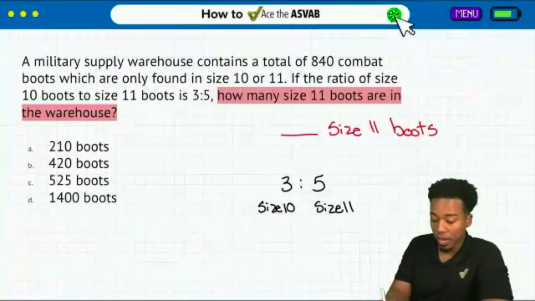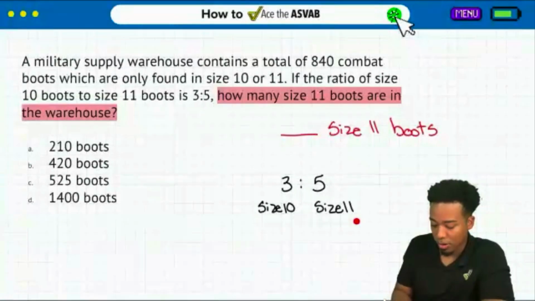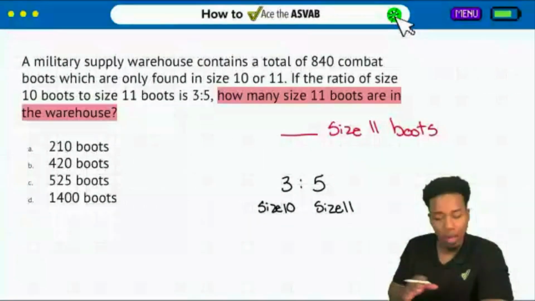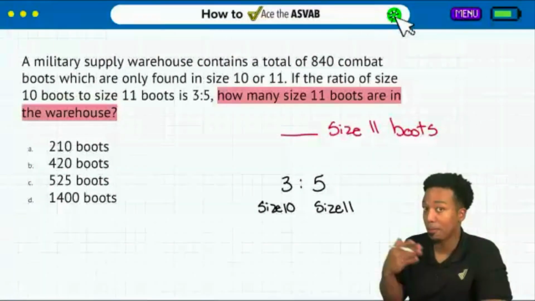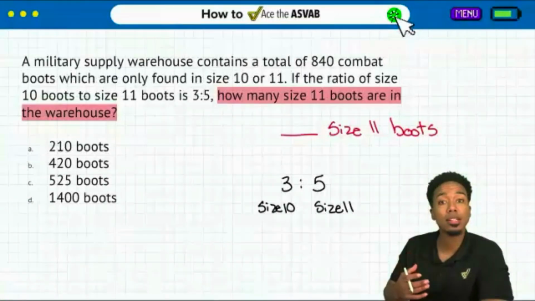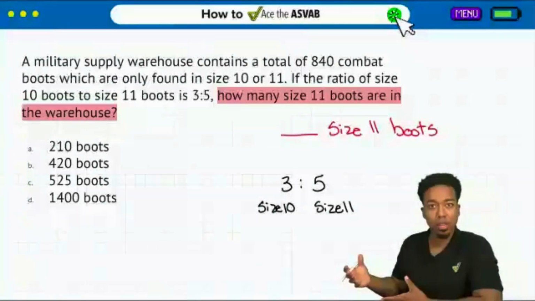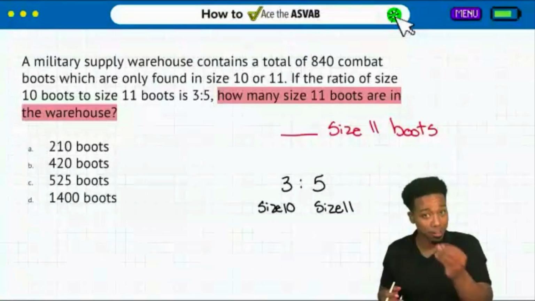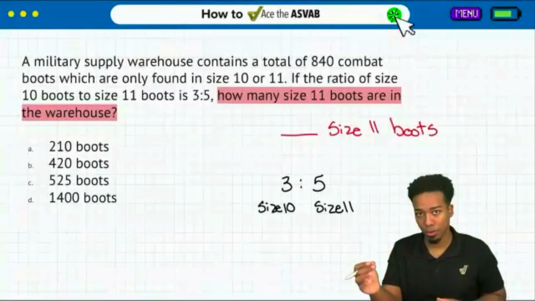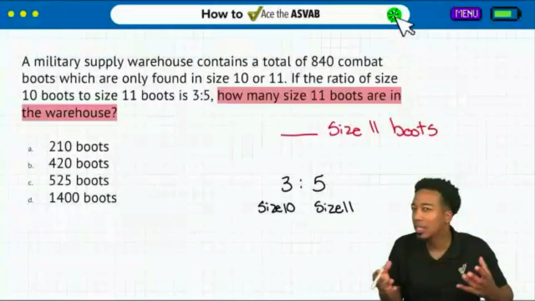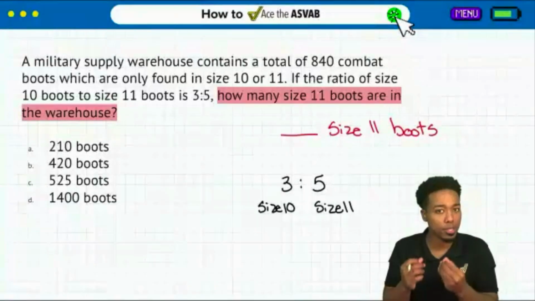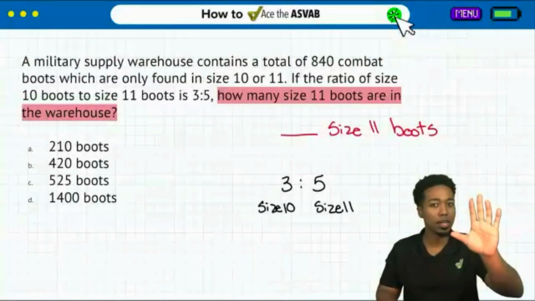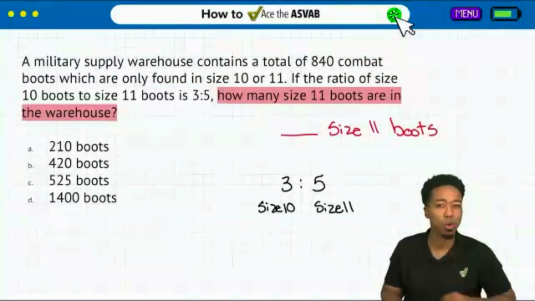Sweet. So again, the number 10 and the number 11, we're not using that in the proportion. The number 10 is size 10 boots. So you're not going to read 10 as just 10. It's, hey, size 10 boots, size 11 boots. We're not calculating with 10 or 11. It's the representation. Does that give anybody a little more peace or calm as you try to work through this?